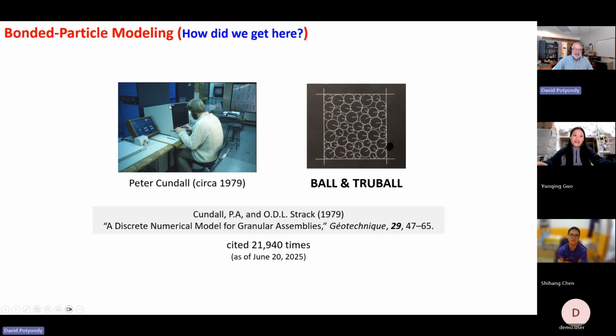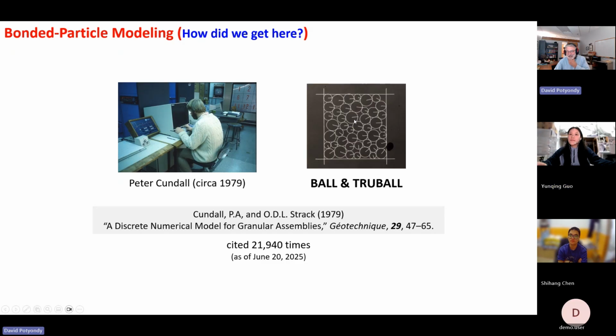He created the research code, called BALL for 2D, and then a proper 3D was TRUBAL. That's the example in one of his papers, and it was a big model to run.